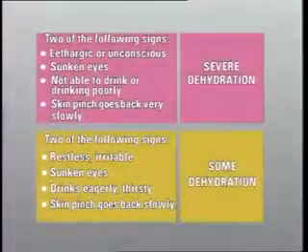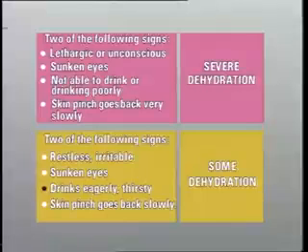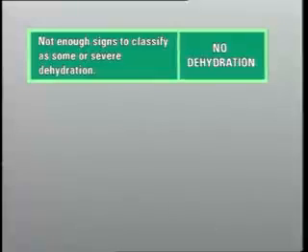Jenny has none of the signs of severe dehydration. Drinks eagerly is a sign of some dehydration, but Jenny has no other signs of some dehydration. Therefore, we classified Jenny as diarrhea with no dehydration, as she does not have enough signs to classify her as having some or severe dehydration.